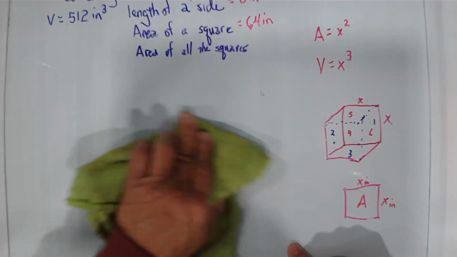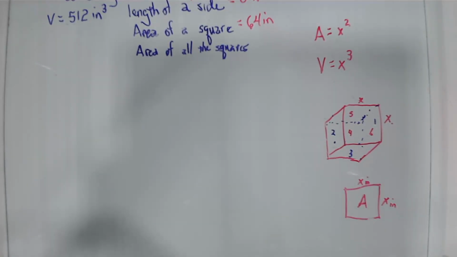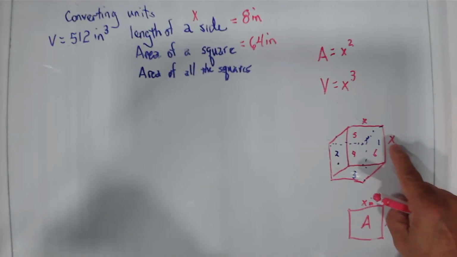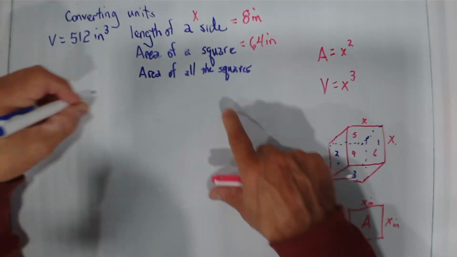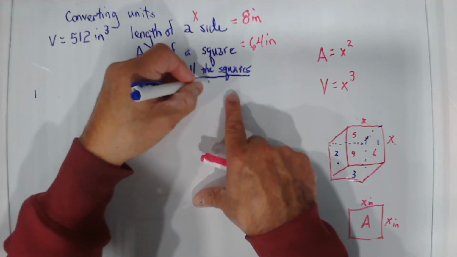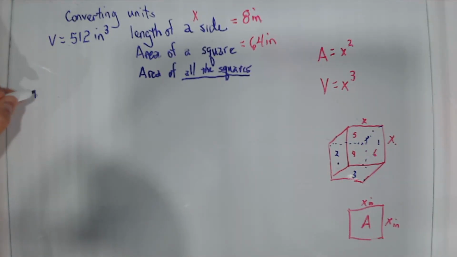Now, let's take a look at that last question. If I am going to look at all of the sides, and we looked at it a little bit before, you can see how many sides we have. In order to do this, we have to figure out what all of the squares in a cube are. So we can count them.